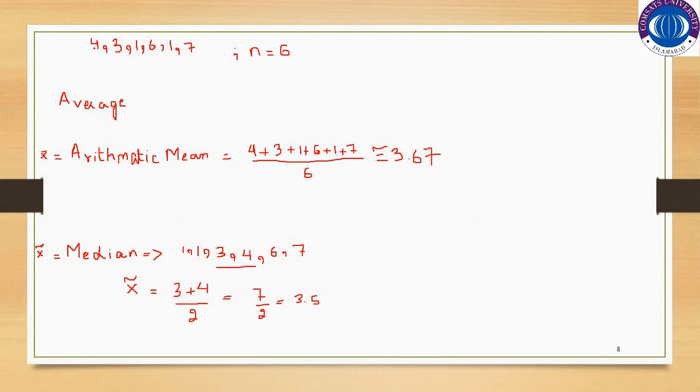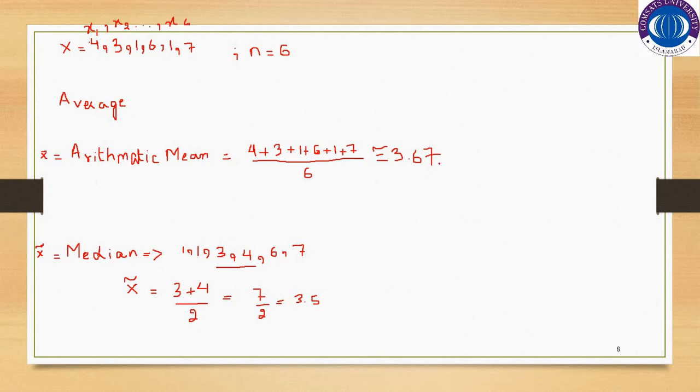If I name this data set with the variable x, and these are the data points, let's say this one is x1, small x1, this one is x2, and so on. The number of values we have is 6, so we will go up to x6.